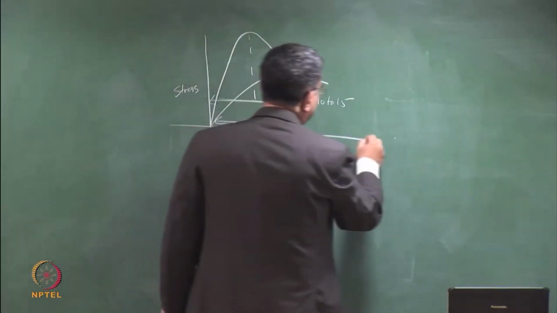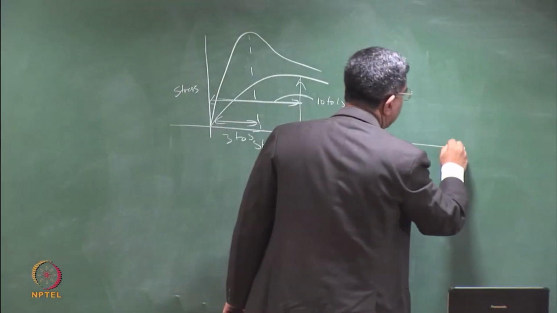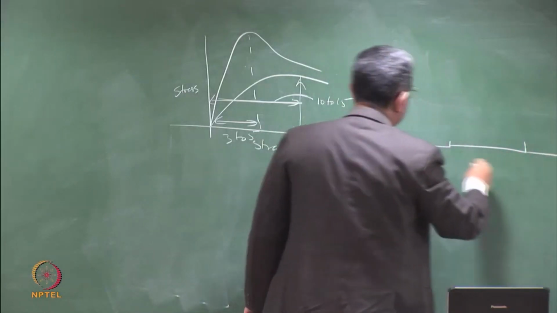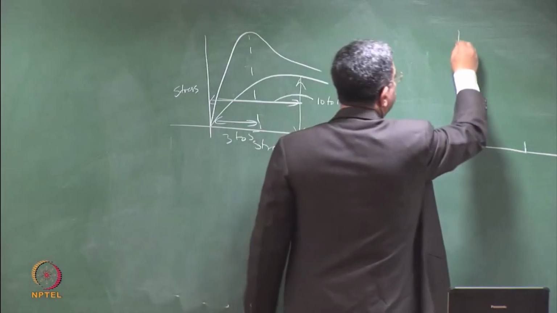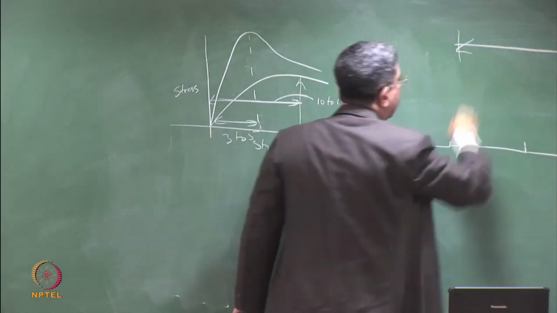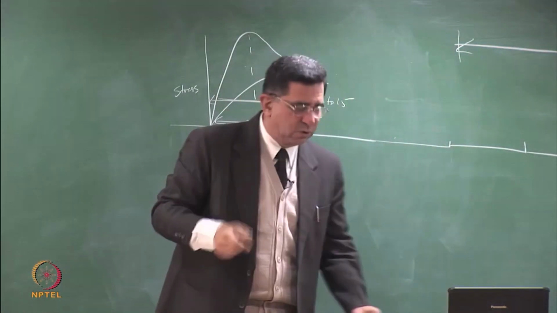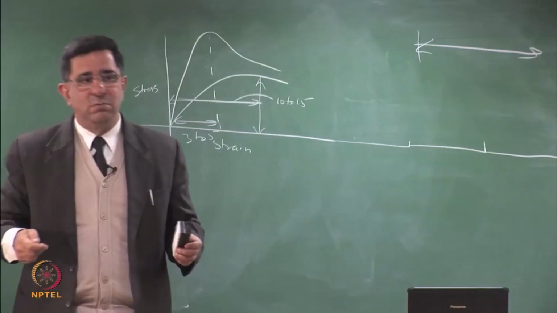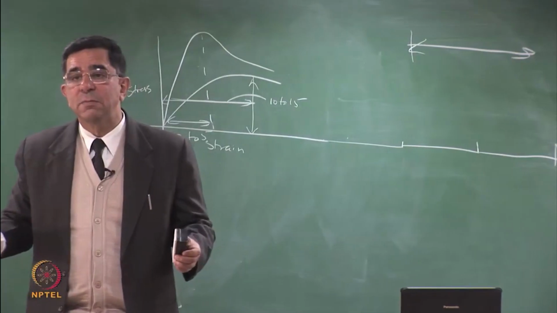If this is 15, this is 30, this is 45, this is 60, and this is 75. So the range that we are talking of, HDPE will have failure in that range. It can be also 100%. 50 to 100% is the elongation before a geomembrane fails.